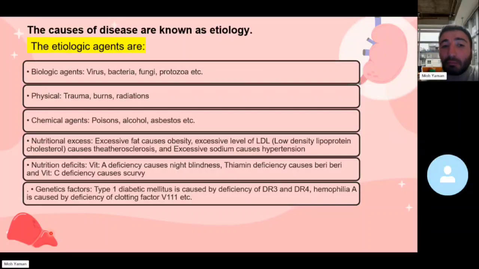Deficiency of some nutrients, for example vitamin A, can cause night blindness.